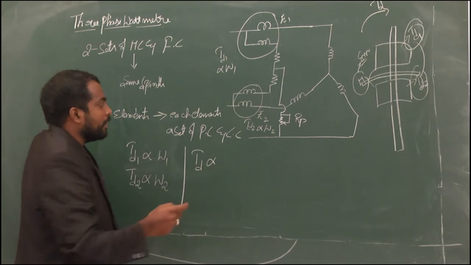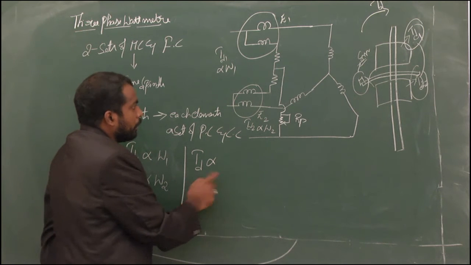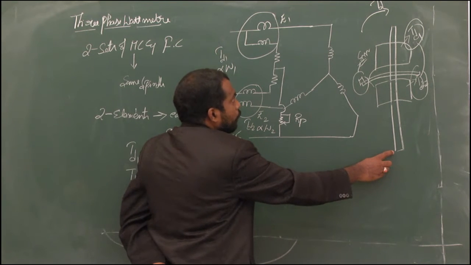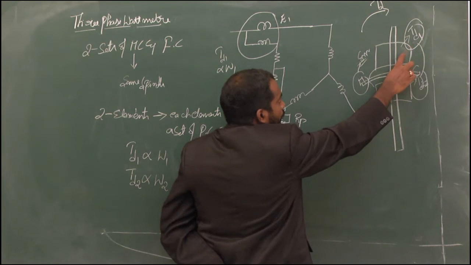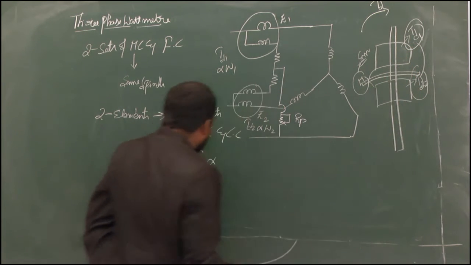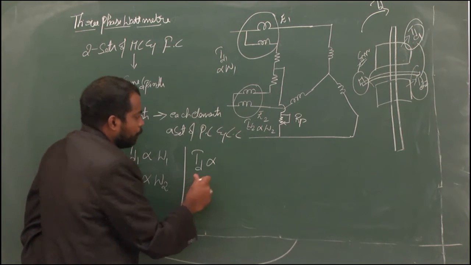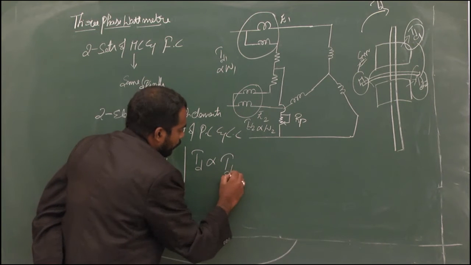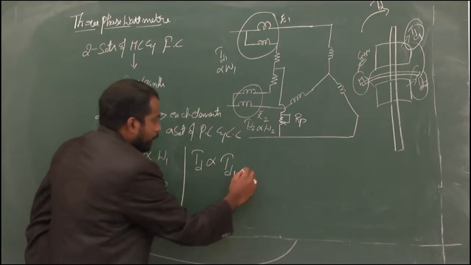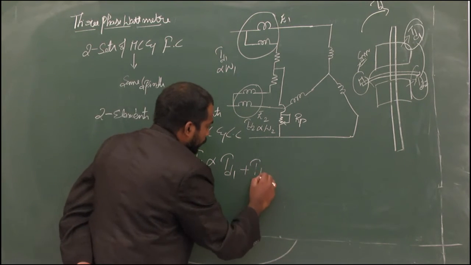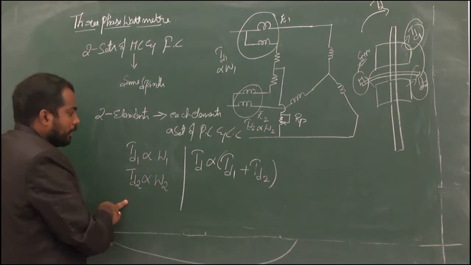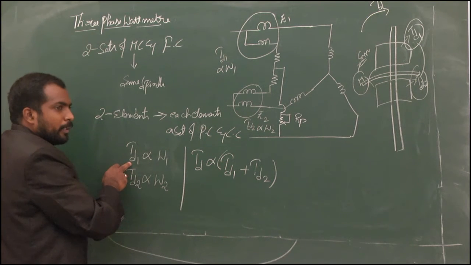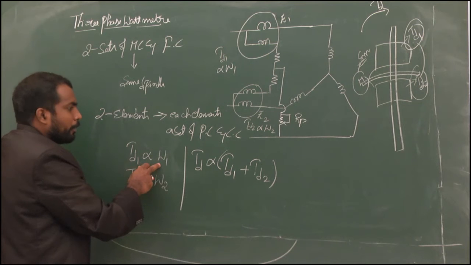Am I correct? That means the net deflecting torque produced on this spindle is equal to the sum of the individual torques produced by element 1 and element 2. But in this case, the deflecting torque produced by element 1 is proportional to the power measured by that element.